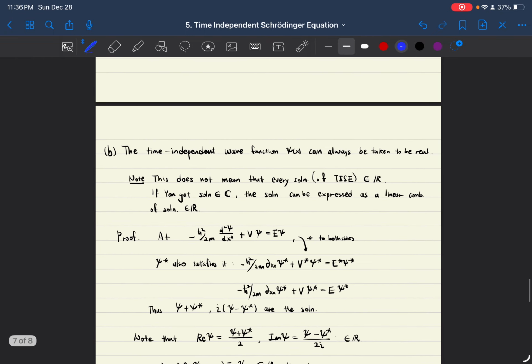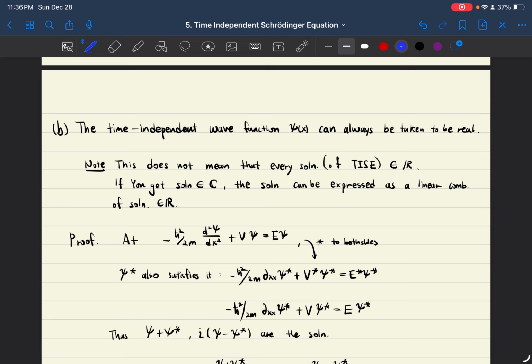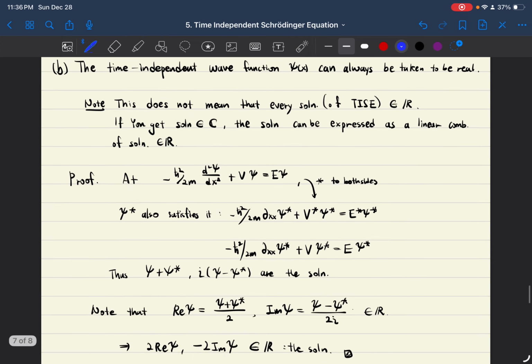Then the next theorem: the time-independent wave function psi can always be taken to be real. Note, this does not mean that every solution of the time-independent Schrödinger equation is real.